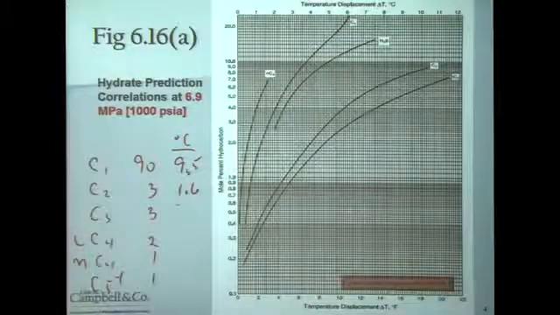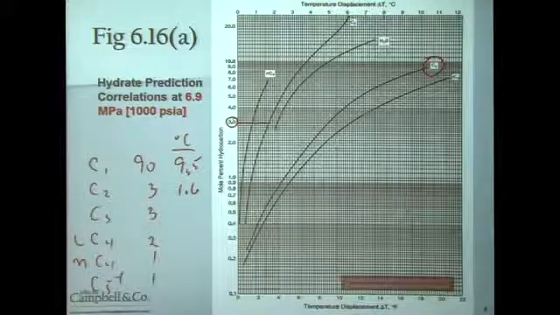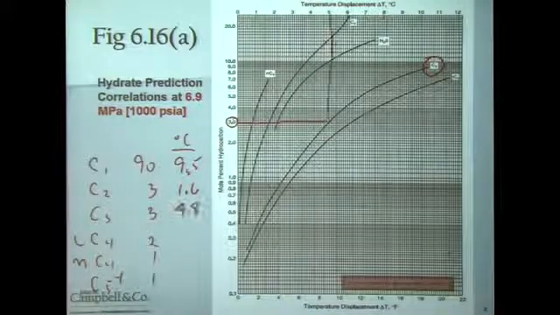So now we're going to take a look at the contribution of propane. Propane is 3 mole percent over here, and let's locate propane. Whoa! Look at where propane is. Propane is all the way to the right on the curve. So we go all the way out over here, and we see that propane is going to contribute 4.8 degrees Celsius to the hydrate formation temperature.